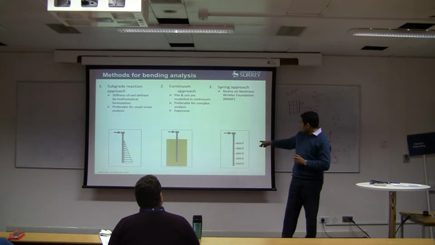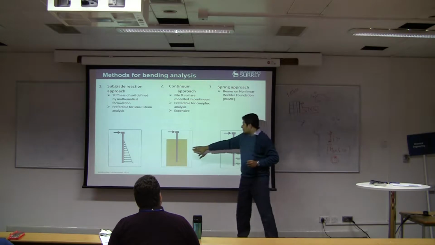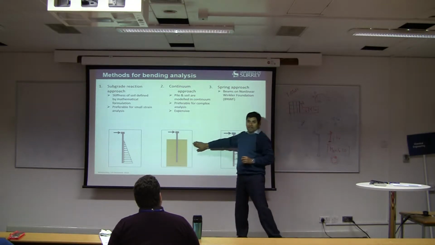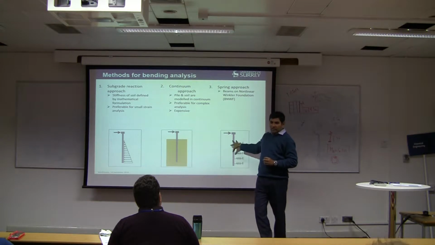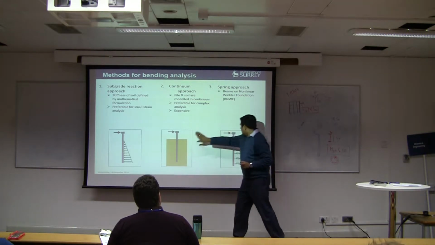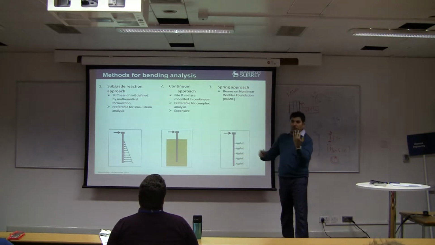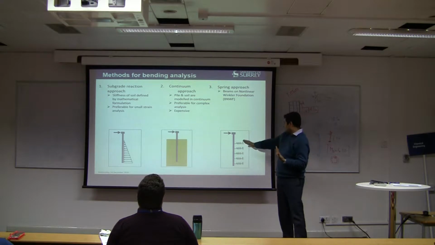Now, can somebody tell me, the reality is this and we are modeling like that? What's the difference? If you model this problem by this, what are we not considering here?